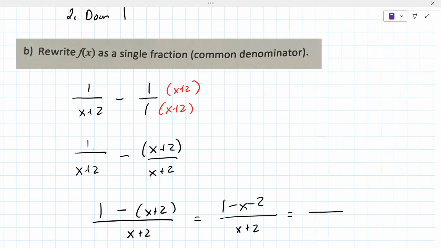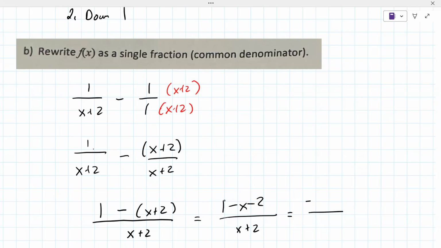Okay. Are there any like terms on the top? Anything you can combine? Yeah, negative 2 and 1. What do those combine to?